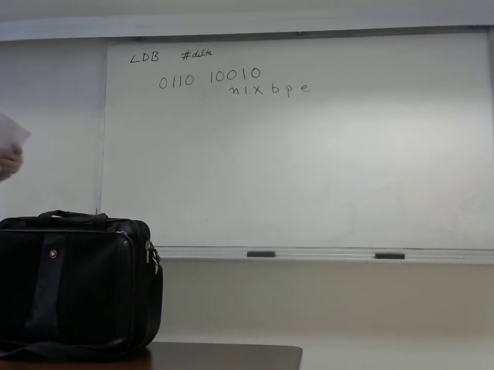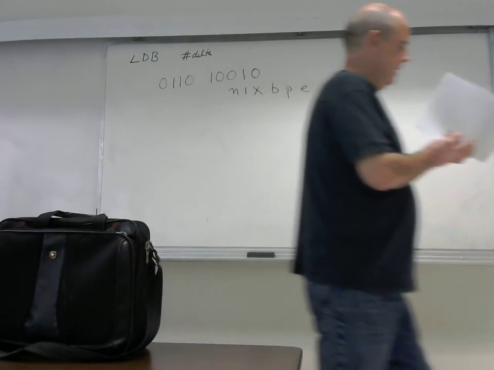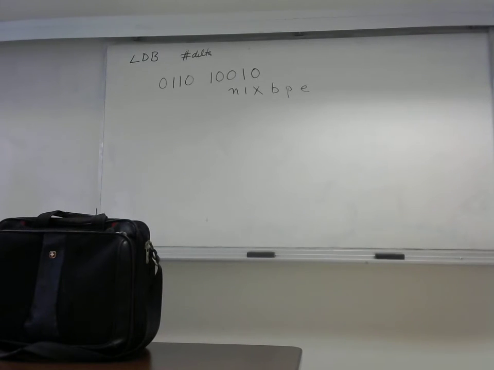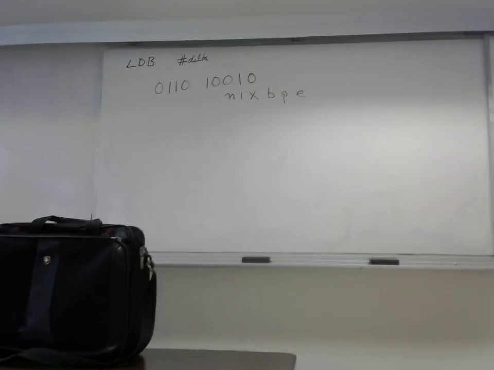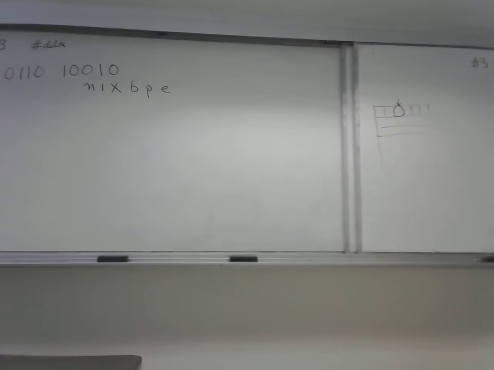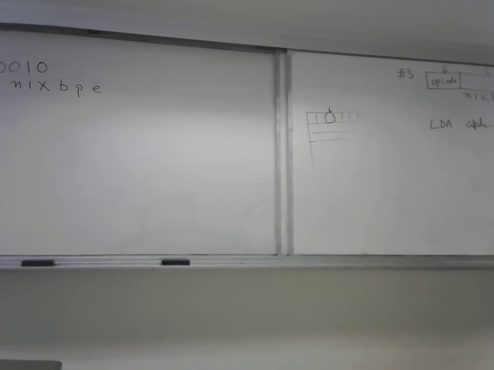But essentially, we'll use LDA as the base. Here are the kinds we have. LDA alpha. Okay, this is standard indirect. Oh, I don't want to put that. That's dereferenced.